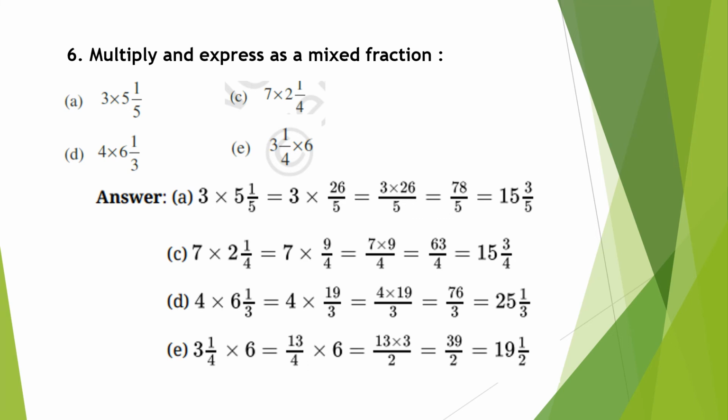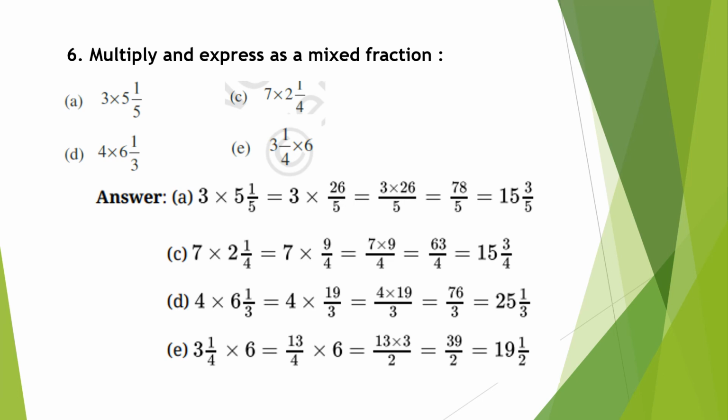Now we move to question C, 7 into 2 integer 1 by 4. First we can convert 2 integer 1 by 4 into improper fraction, which gives 2 into 4 plus 1 whole divided by 4, which is equal to 7 into 9 by 4, equal to, multiply the whole number with the numerator, which gives 7 into 9 whole divided by the same denominator 4.